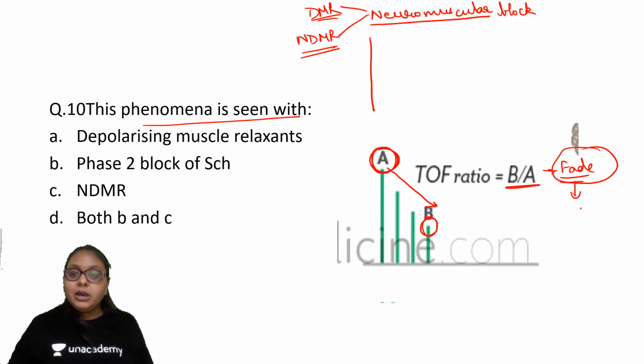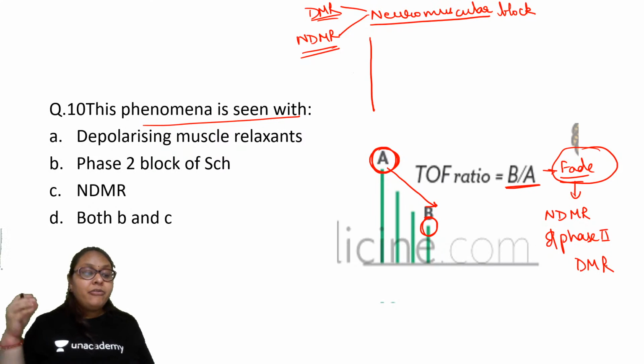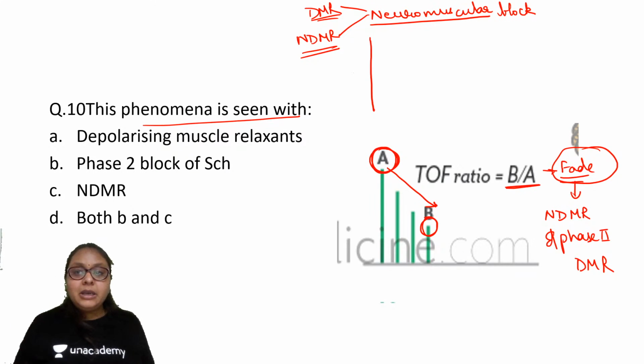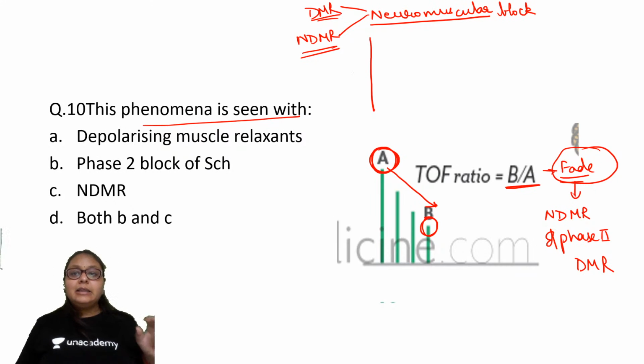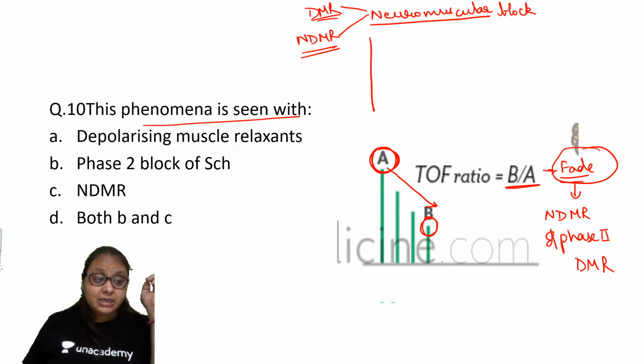It is seen with non-depolarizing muscle relaxants and phase 2 block of depolarizing muscle relaxants. Why? Because they also act on the presynaptic nicotinic receptors, and therefore the automaticity is lost to release the acetylcholine, and therefore we get this fade phenomena.